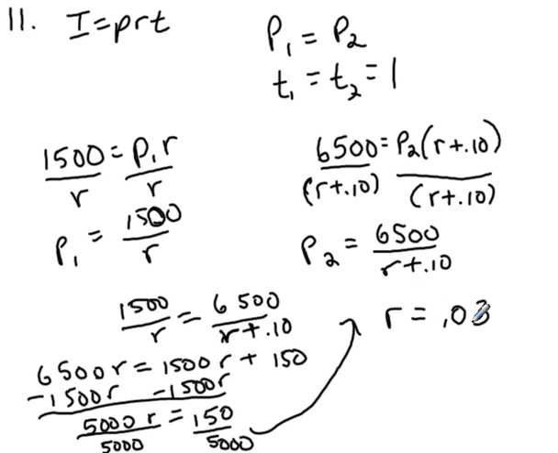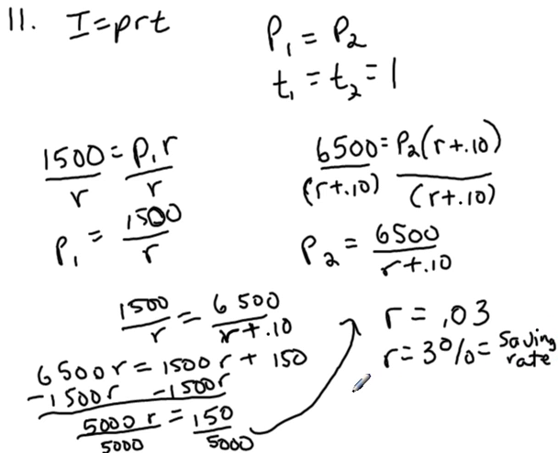So that's my rate, but it's in a decimal, so I need to change it to a percent because the problem asked us to find the rate of interest paid by each investment. So that becomes 3% as my rate. That's the rate for my first problem, where I was investing the money in a savings account. So 3% equals the savings rate.